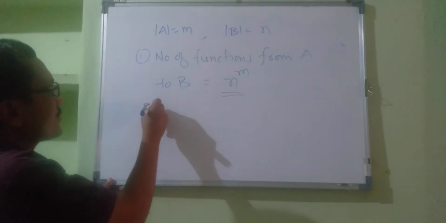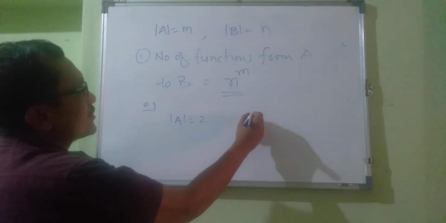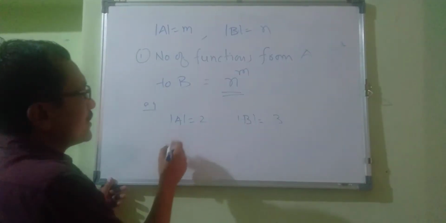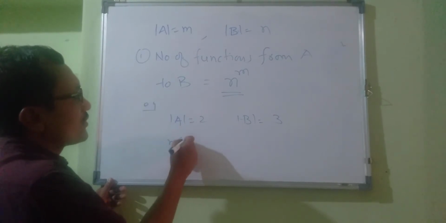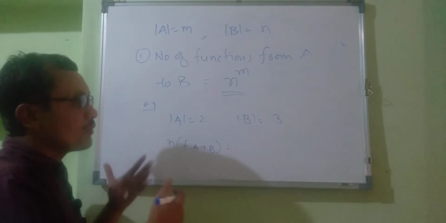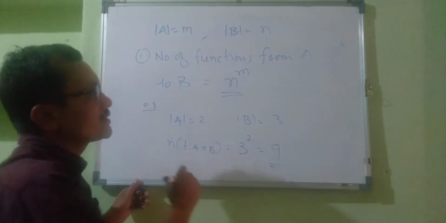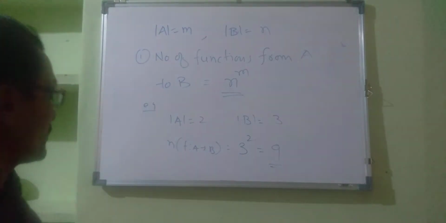For example, suppose in A there are 2 elements and in B there are 3 elements. Then how many functions are there from A to B? There will be 3 squared, that is 9. In this way we find such numbers.